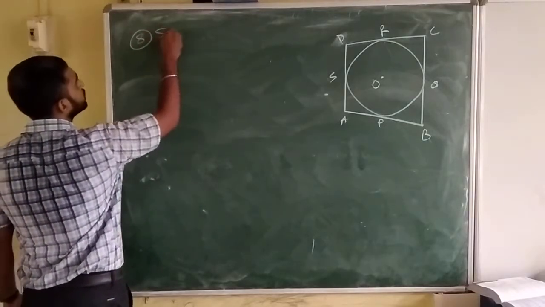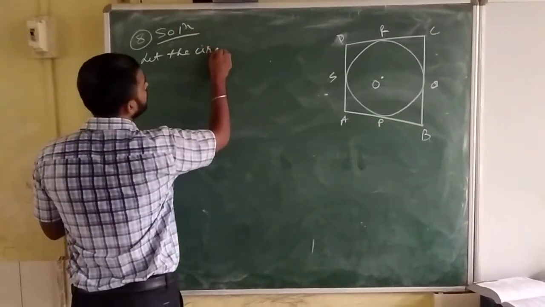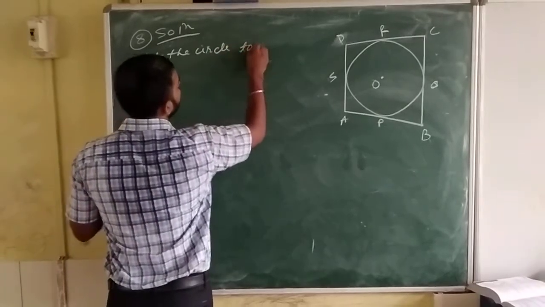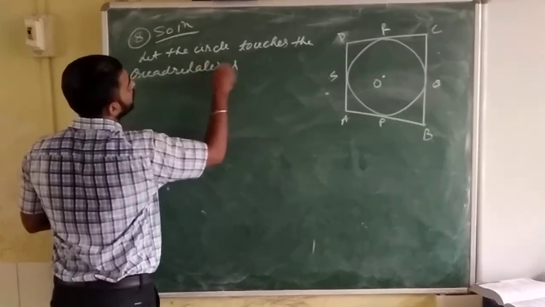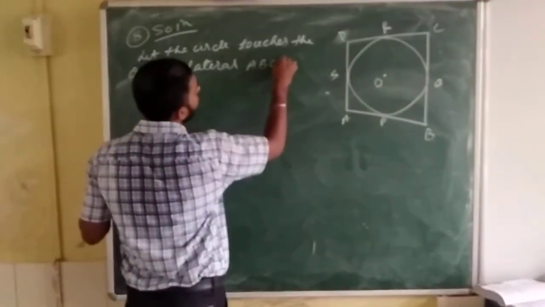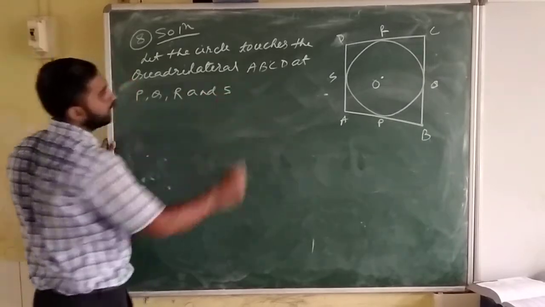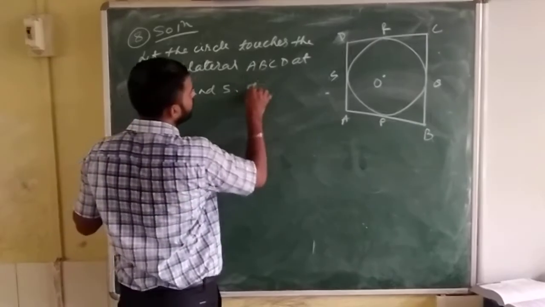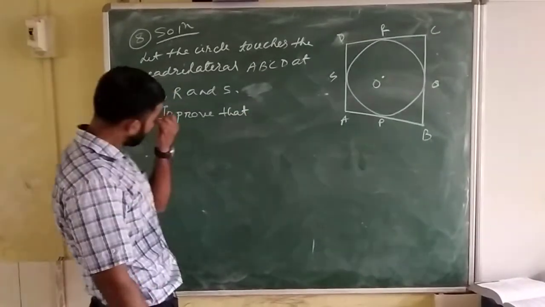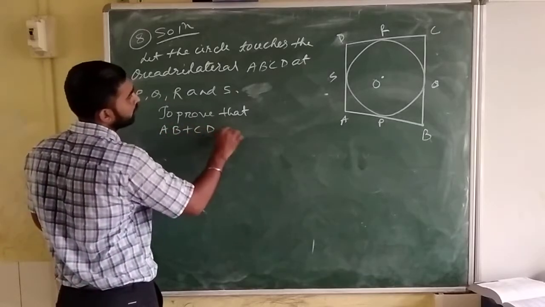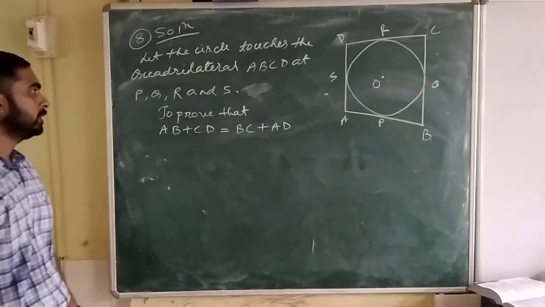Okay, now question number 8. Solution. Let the circle touch the quadrilateral ABCD at P, Q, R and S. To prove that AB plus CD equals BC plus AD.